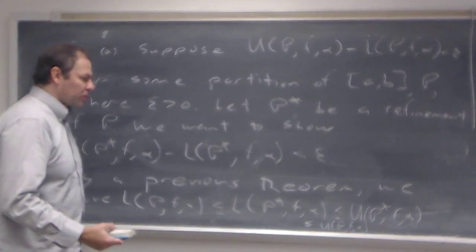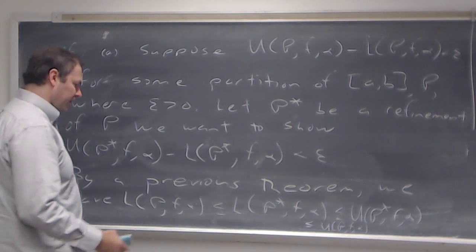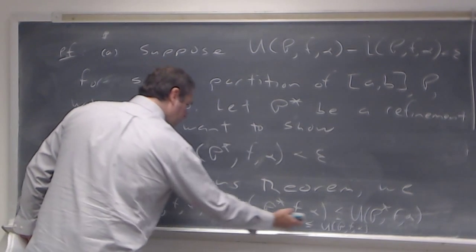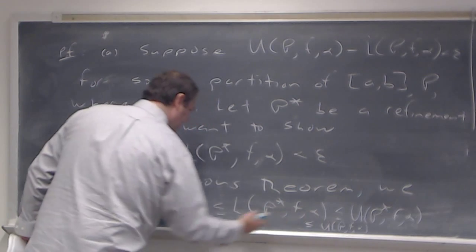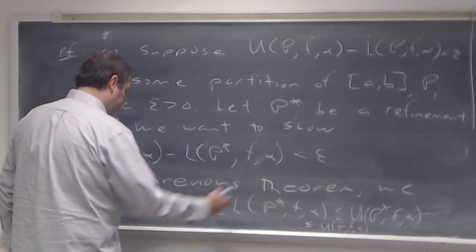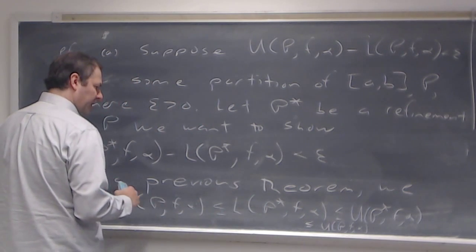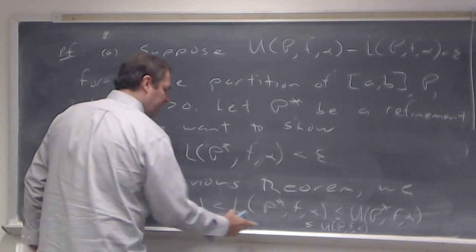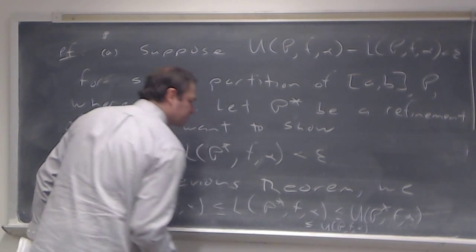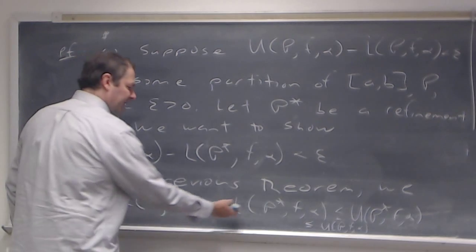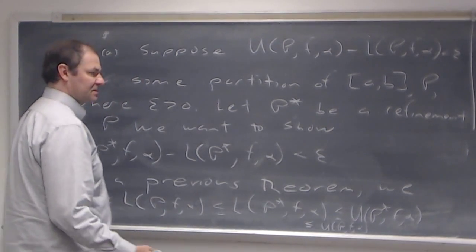I used this argument in our last video lecture. Since the distance between the upper sum with P and the lower sum is less than epsilon, it forces the distance between the upper sum with the refinement and the lower sum with the refinement to be less than epsilon.